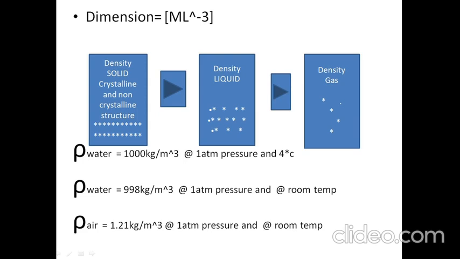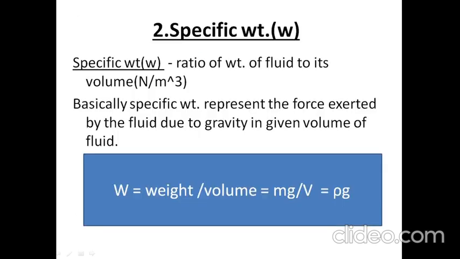Now the second property is specific weight. Specific weight can be defined as the ratio of weight of the fluid to its volume. Basically, specific weight represents the force exerted by the fluid due to gravity in a given volume of fluid. Specific weight is equal to weight per unit volume.